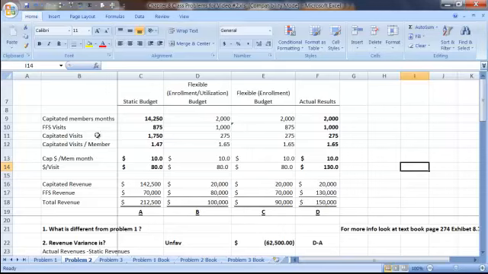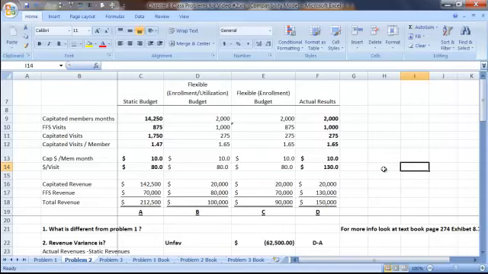We're compensated on our member months. So we wouldn't be taking our visits times our anticipated number of visits to come up with some kind of revenue number. We'd always be taking our capitated member months times our $10 per member month. So we could have more visits or less visits.